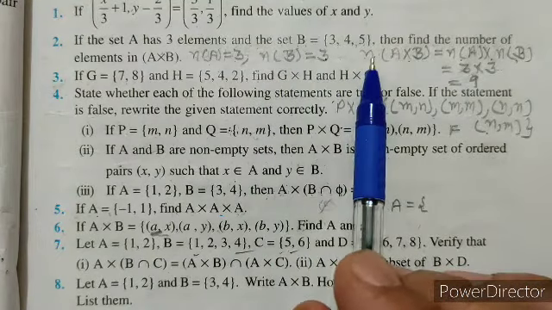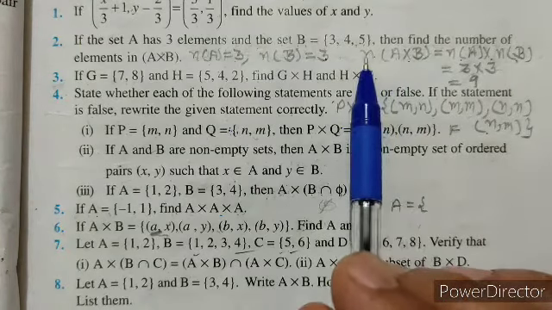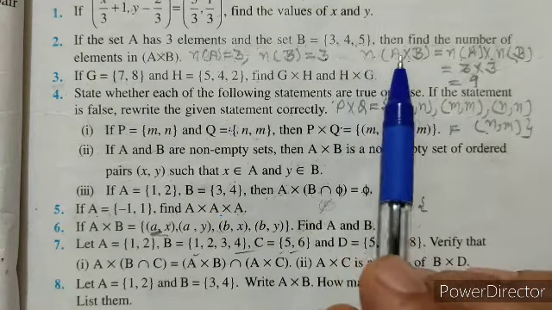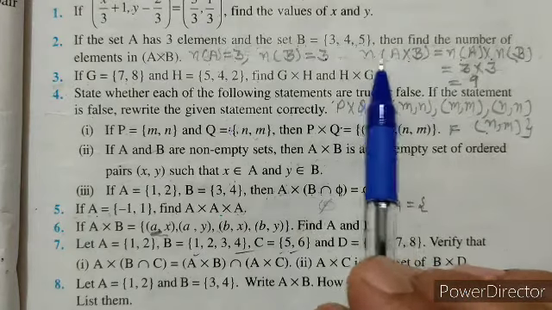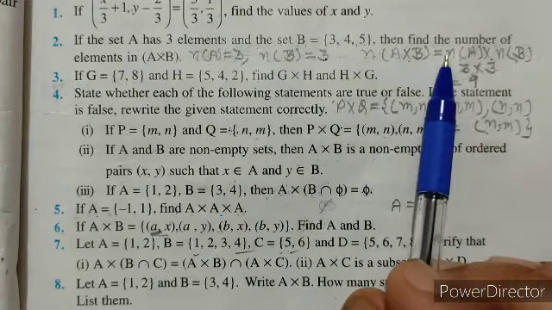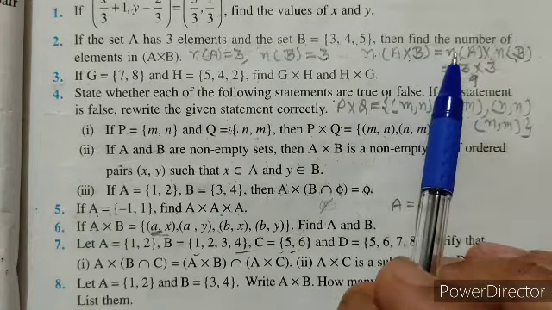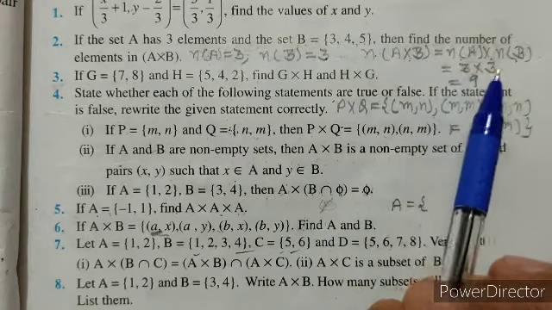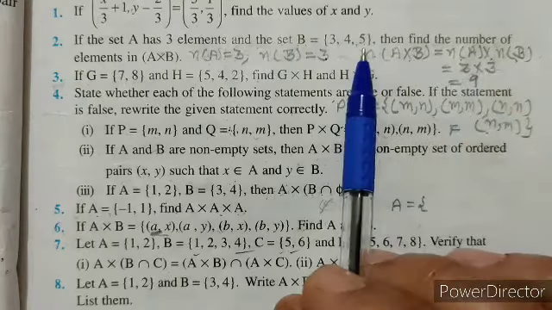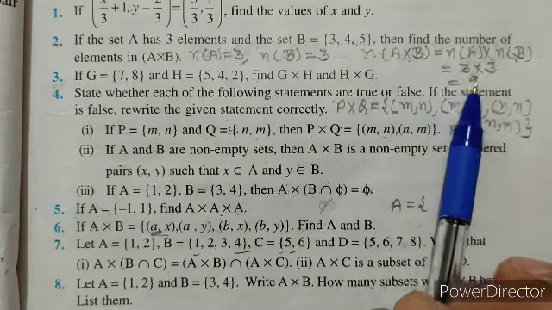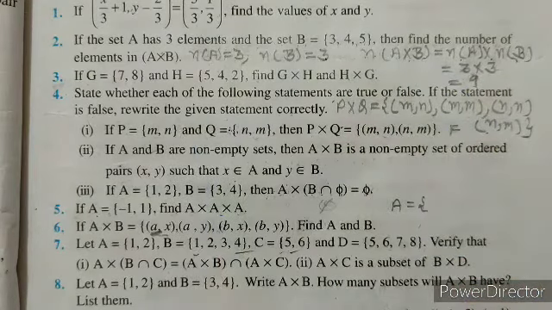Now we have to find the number of elements in A cross B. That means we have to find n(A cross B). n(A cross B) will be equal to n(A) into n(B), and n(A) is equal to 3, n(B) is also equal to 3. That means n(A cross B) will be equal to 9.